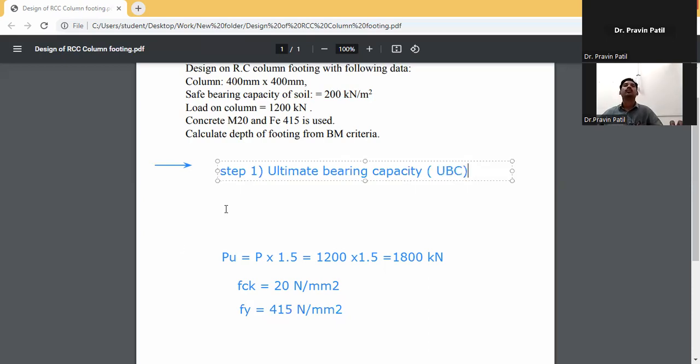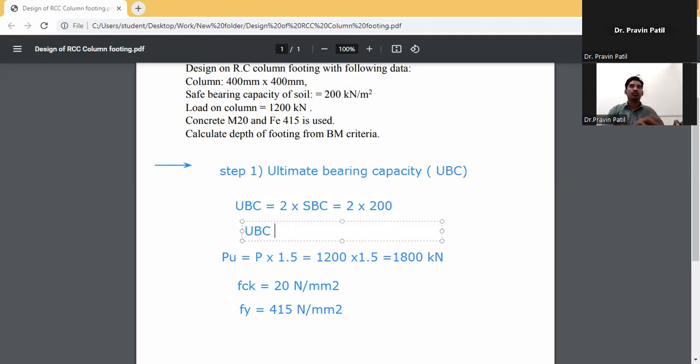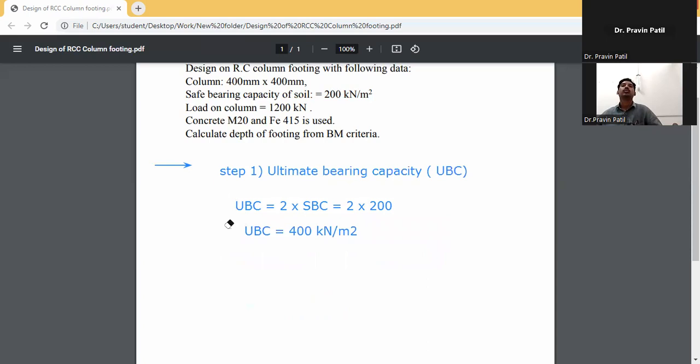UBC is equal to 2 into SBC. So 2 into 200, UBC is equal to 400 kilonewton per meter square. So this one is UBC of footing.